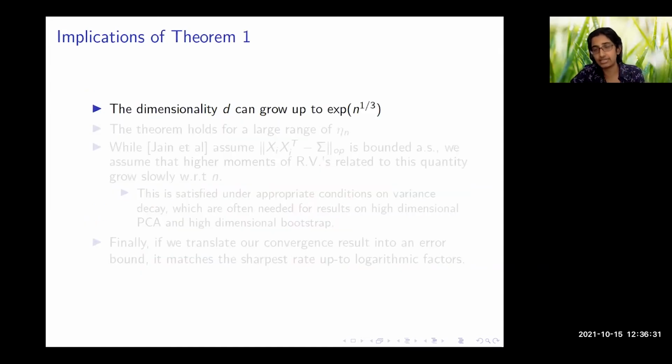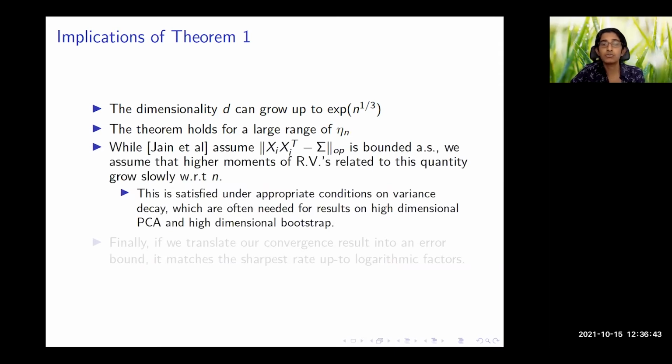A bunch of things are takeaways. Dimensionality can grow very fast. You can do like e to the power n to the power 1/3. It holds for a large range of eta. Most of the literature assumes that the operator norm of xi transpose minus sigma is bounded almost surely.